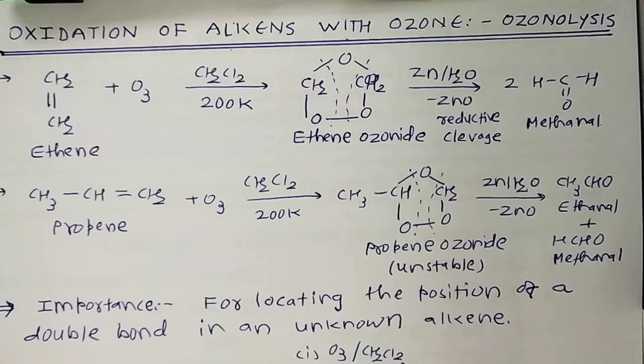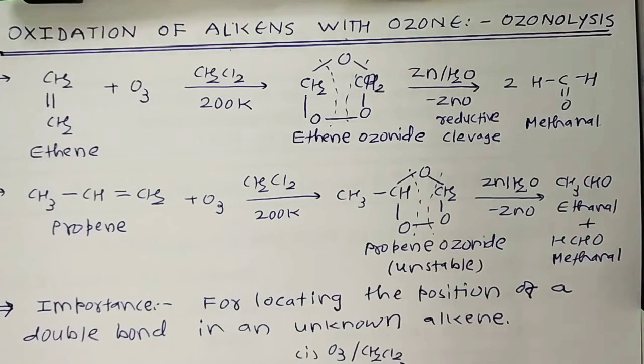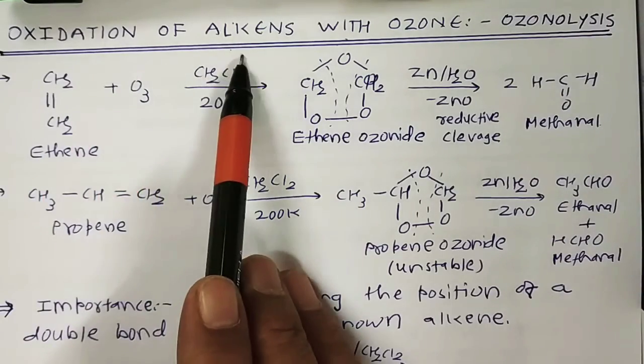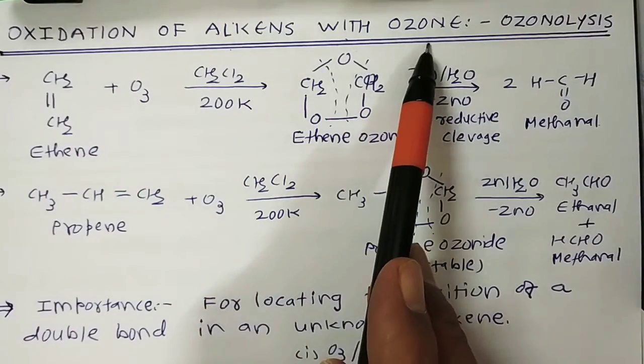This can also be subclassified into two parts, with terminal alkenes and with non-terminal alkenes. After that, the most important point is the oxidation of alkenes with ozone.